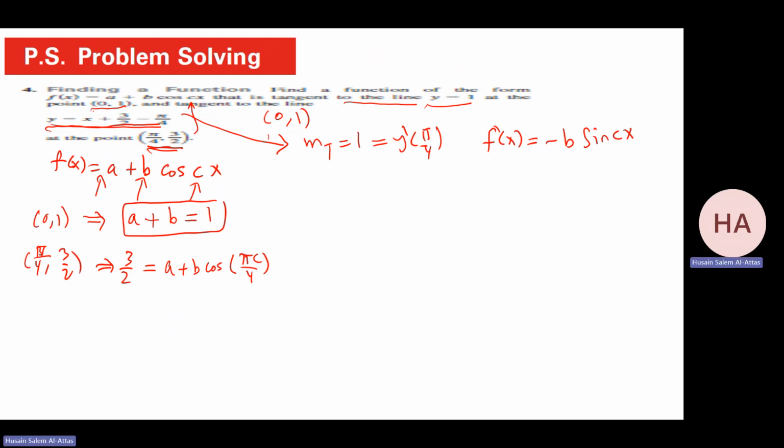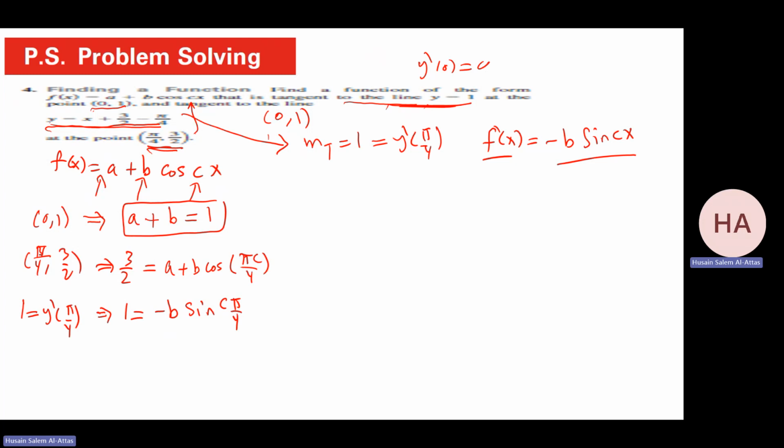Y prime at 0 is 0, which will give us nothing, 0 equals 0. But y prime at pi over 4 will be 1. So that means 1 equals minus b sine c pi over 4.